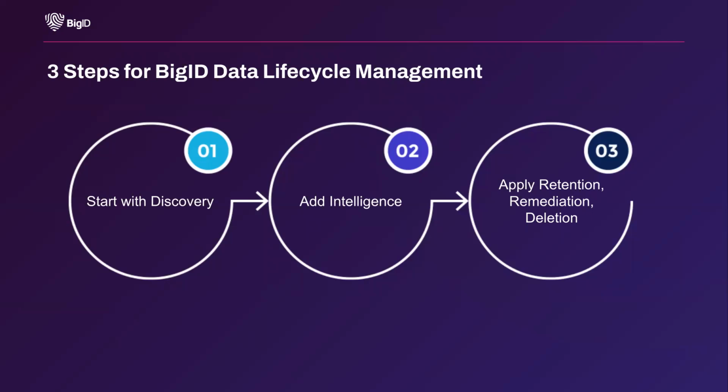Determining what the data is, adding the intelligence, and then being able to take action on it. So applying retention, remediation, deletion in order to have automated data lifecycle management. Our goal, of course, is to have compliance and a clean data environment.